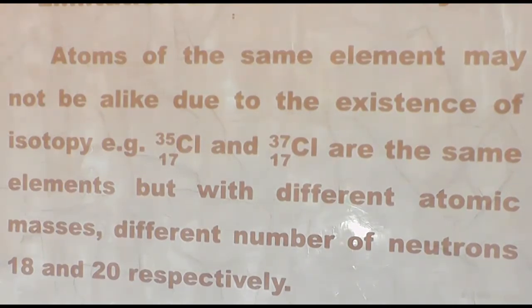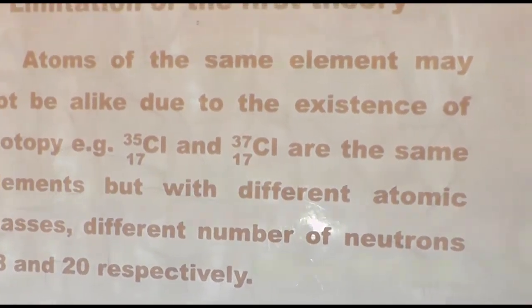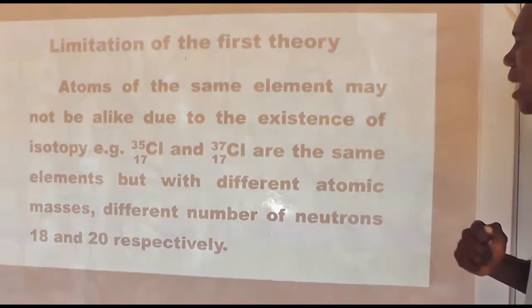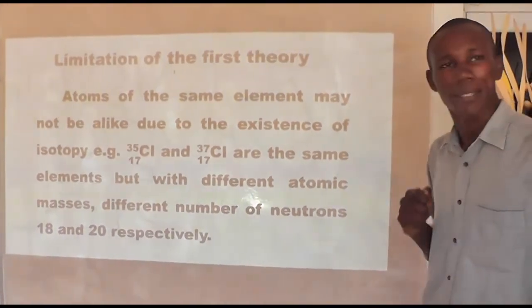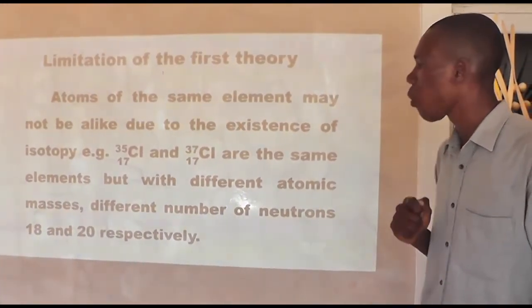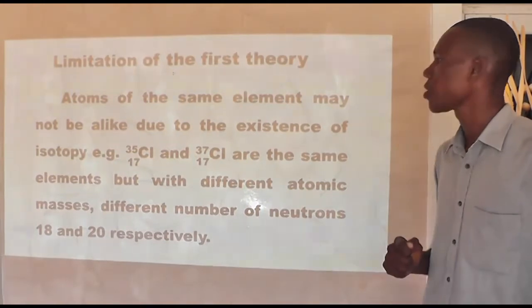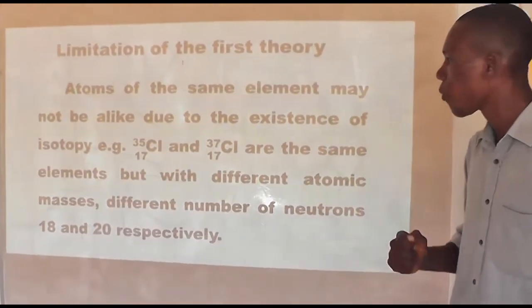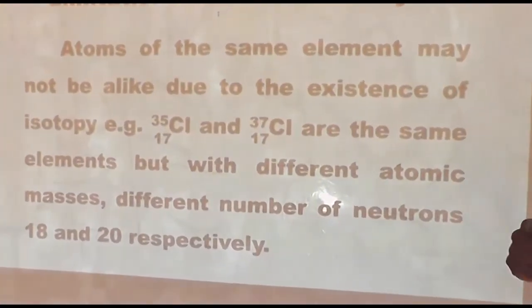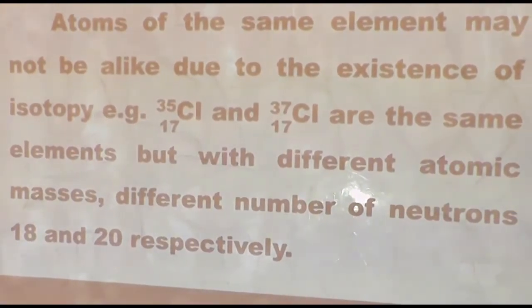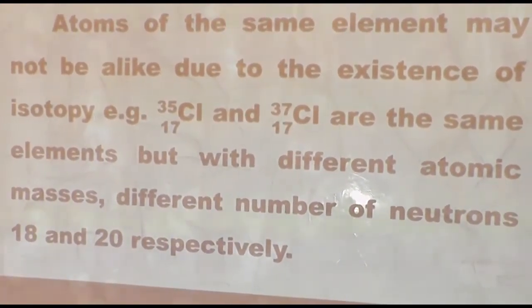To find their number of neutrons, it is going to be atomic mass minus the atomic number. That gives us 35 minus 17, which is equal to 18. The first chlorine isotope, chlorine 35, has 18 neutrons.